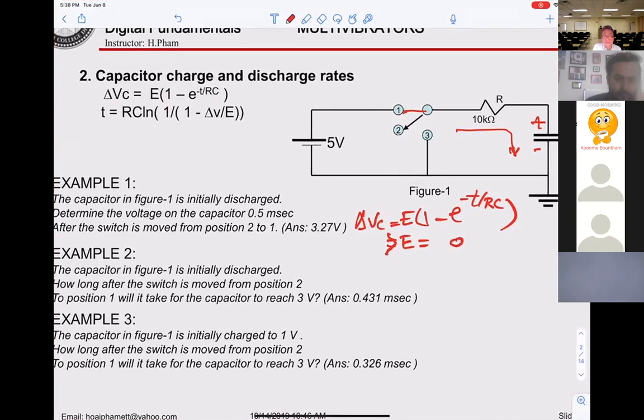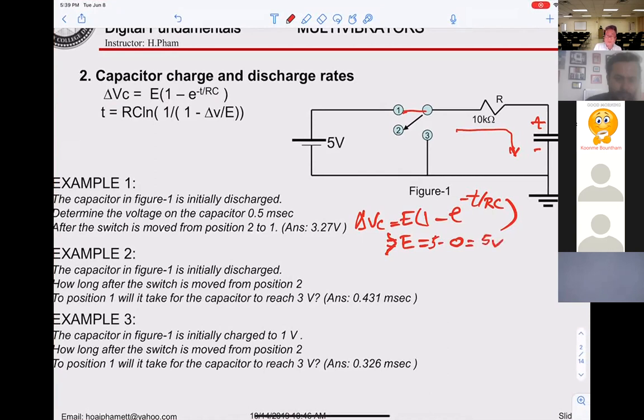And the voltage it tries to reach, that means if you keep it a long time in this position, the maximum voltage on the capacitor will be 5 volt. So the voltage to reach is 5 minus 0 equals 5.